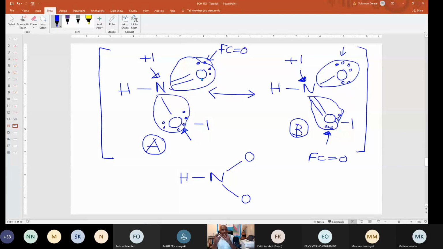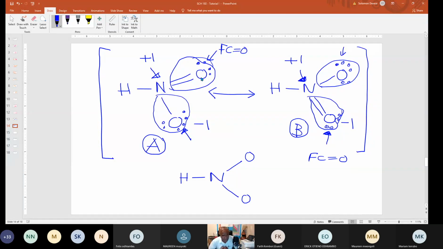So what this is telling us is that the nitrogen-oxygen bonds are neither a single bond nor a double bond, but a hybrid between a double bond and a single bond. Because as we have seen, each of the nitrogen-oxygen bonds of HNO2 has a potential to be a double bond. They are also single bonds, an intermediate between a double bond and a single bond.